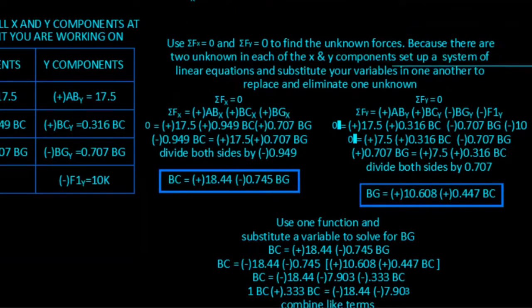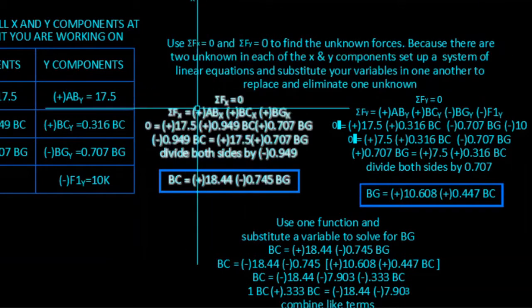In this case, we're going to use the sum of forces in the x direction and sum of forces in the y direction to find the unknown forces. Because there are 2 unknowns in each of the x and y components, we will set up a system of linear equations and substitute your variables in one another to replace and eliminate one unknown.